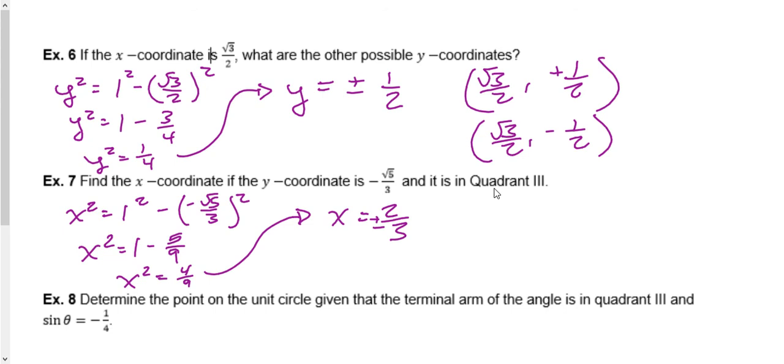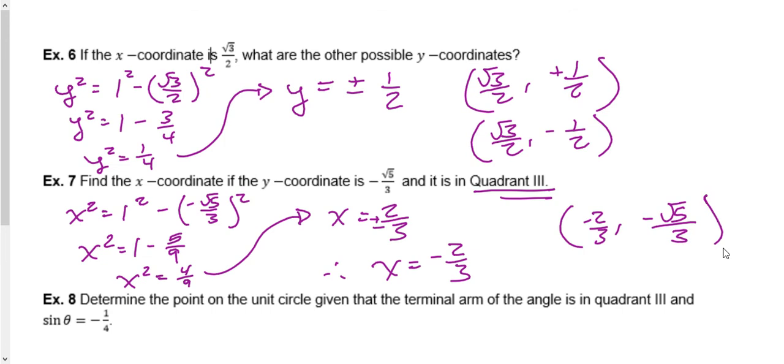But again, the note here is we have to be in quadrant 3, meaning everything has to be negative, therefore x has to only equal negative 2 over 3. So our coordinate would be negative 2 over 3, comma, negative root 5 over 3. And there we go, that's number 7.